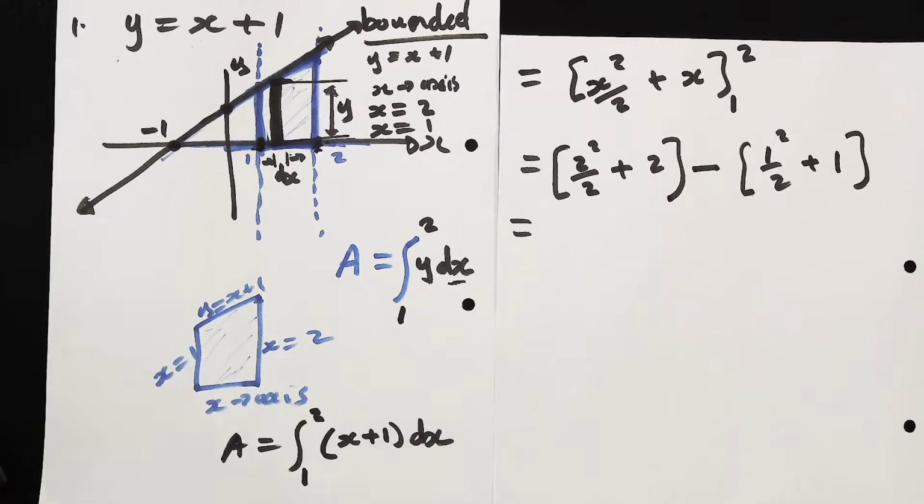So we substitute the first term from the upper limit to the lower limit. Therefore, we get the solution there: 4 over 2 plus 2, minus 1 over 2 plus 1.